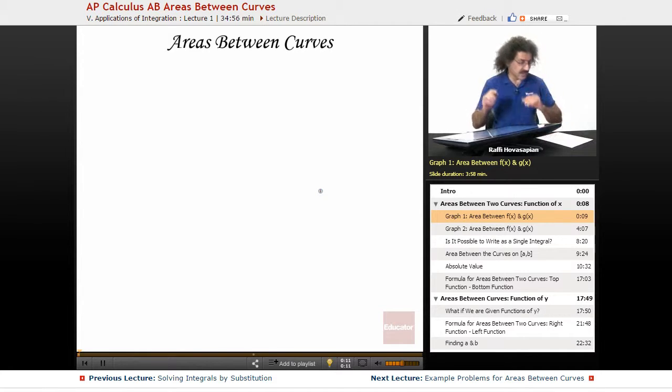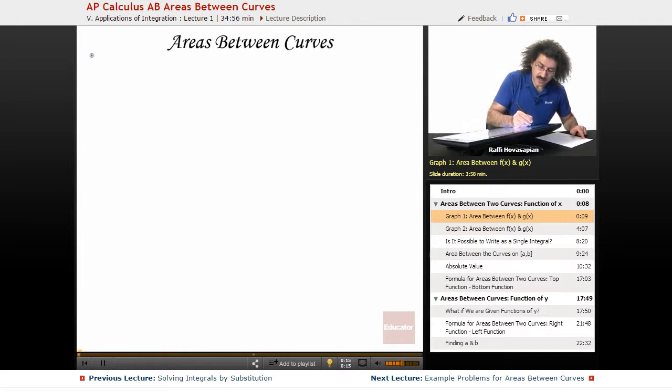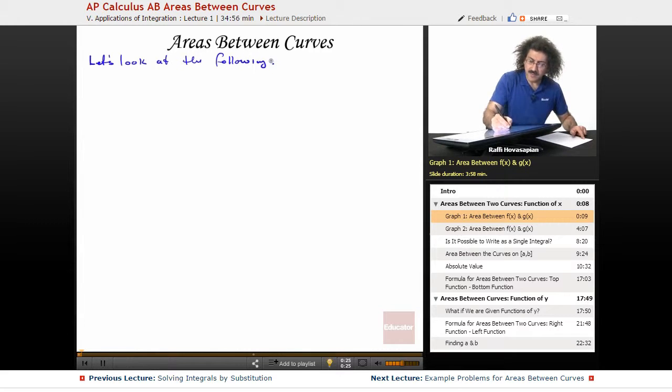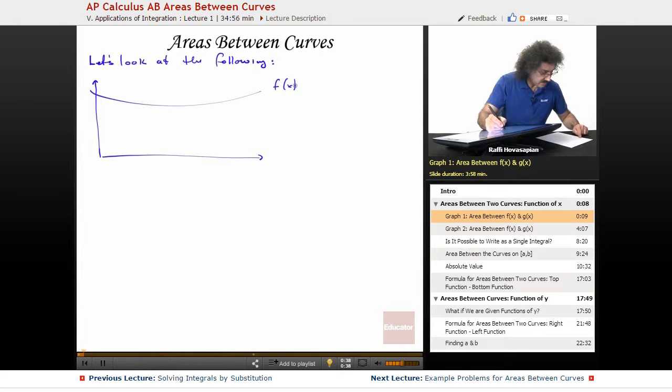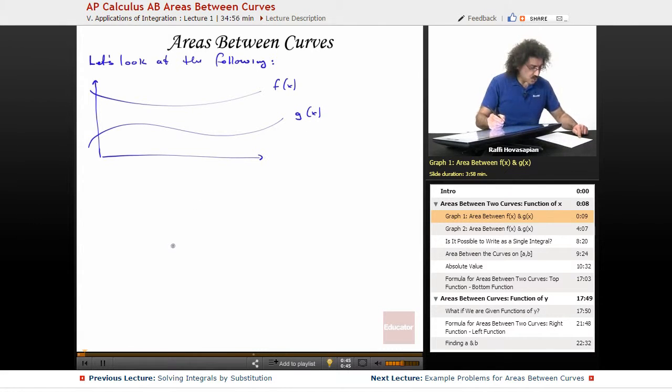Okay, so let's look at the following situation. We have a little bit of a graph here. We have one graph, let's call this one f of x, and another one, which we'll call g of x.